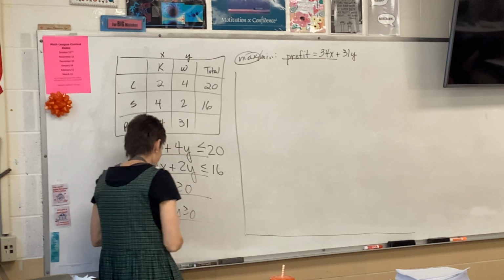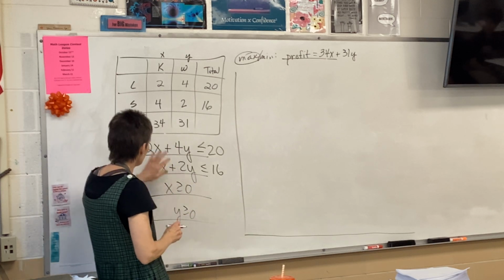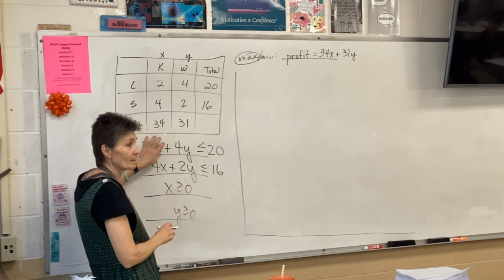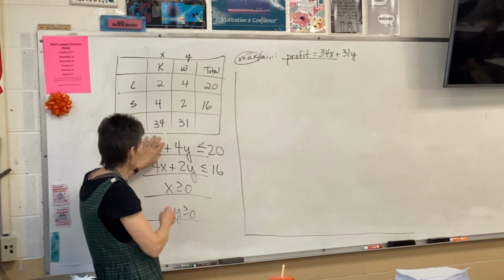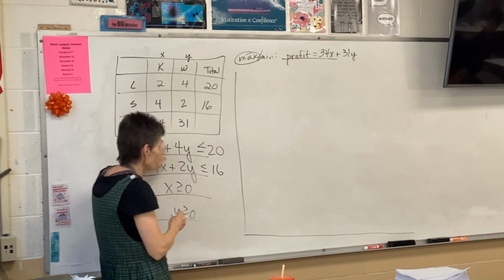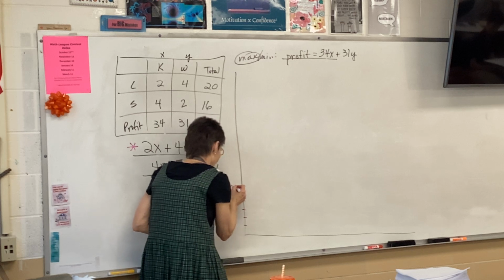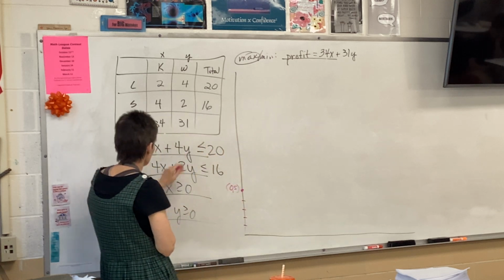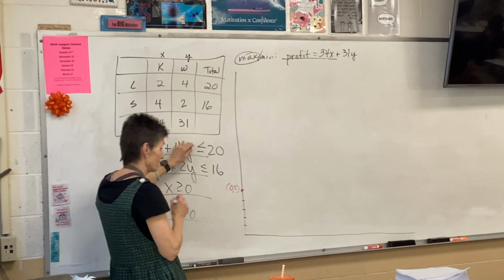Pink and brown here today. So here we go. There's my pink equation. Remember how we graph it. If we cover up x, let x be 0, then y is 5. And if we cover up y, then x is 10.